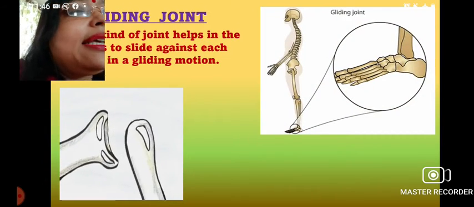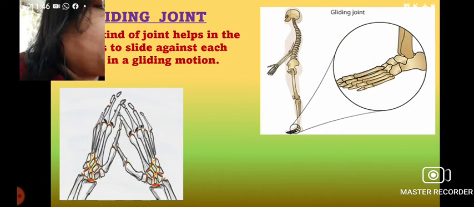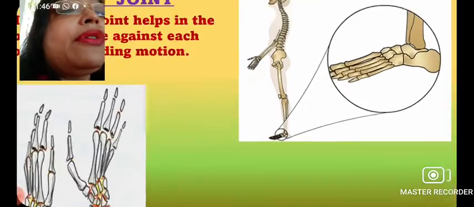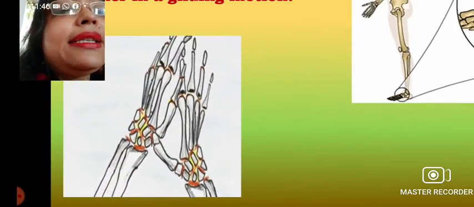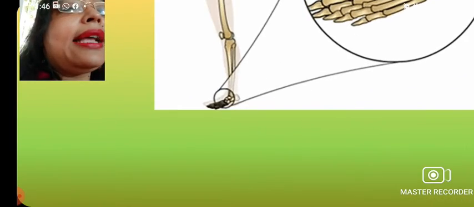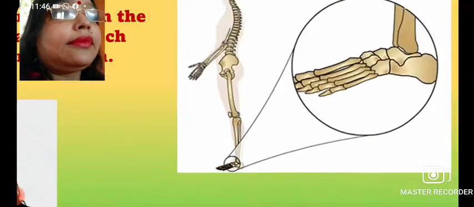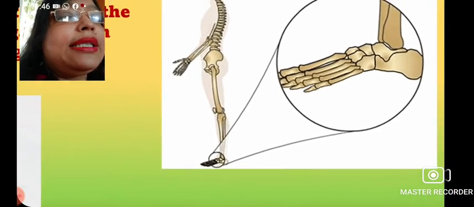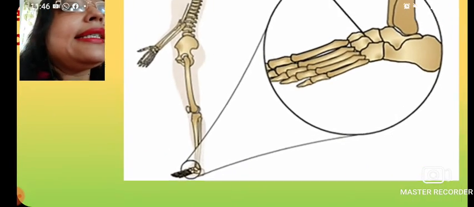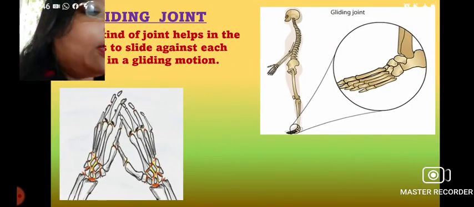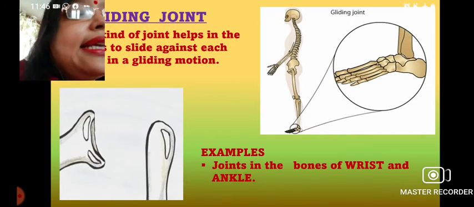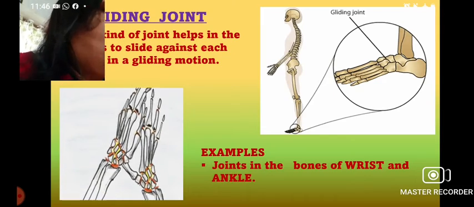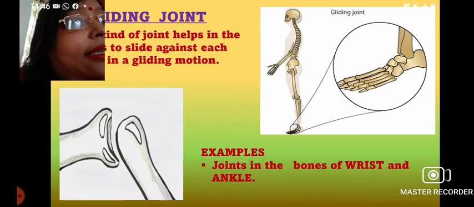So what can be the example? The gliding joint can be found in the wrist or the ankle. The wrist can be seen here, and here is the ankle. Okay, so we can get the examples, that is the joints in the wrist and the ankle.